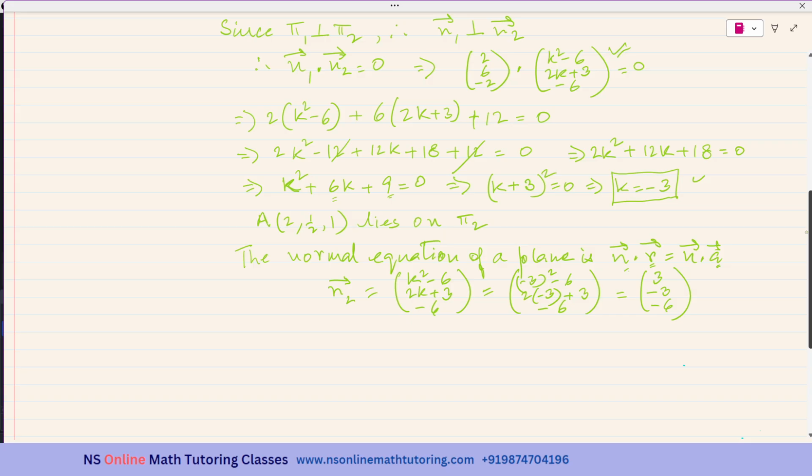And we know the coordinates of the point A which is lying on pi 2. So, its position vector, I can write therefore n2 dot position vector of A, which will be OA. This should be equal to 3, minus 3 and minus 6 dot 2, half and 1.